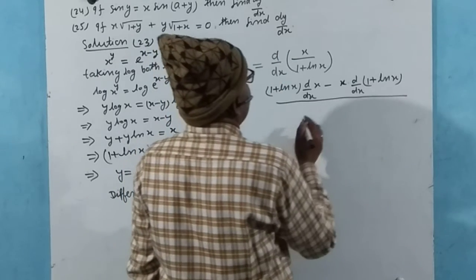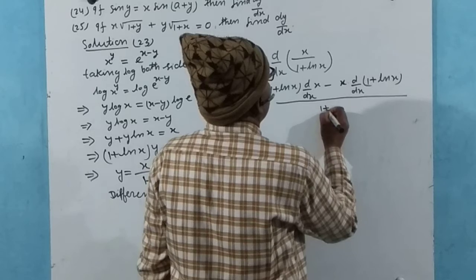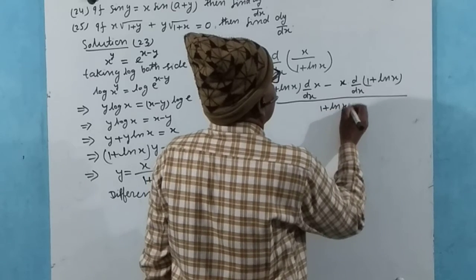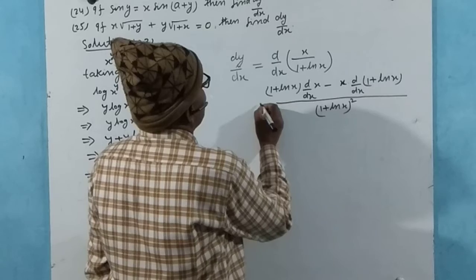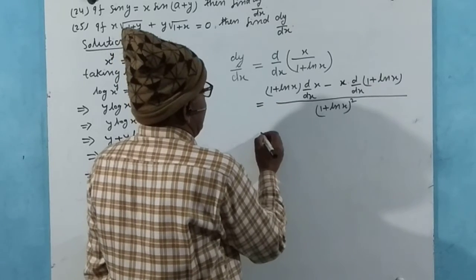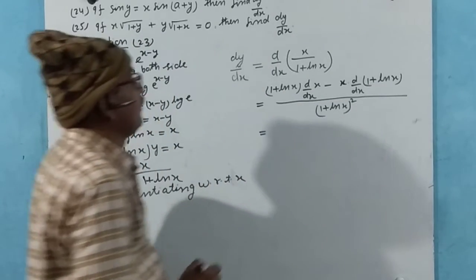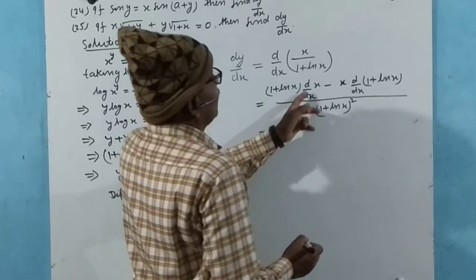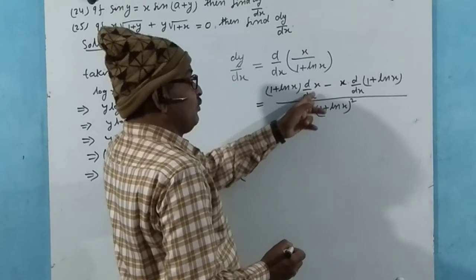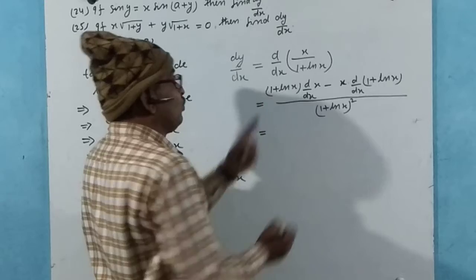the square of the denominator, that is, the denominator square, 1 plus log x whole square. Now 1 plus log x, differentiation of x with respect to x equal to 1.